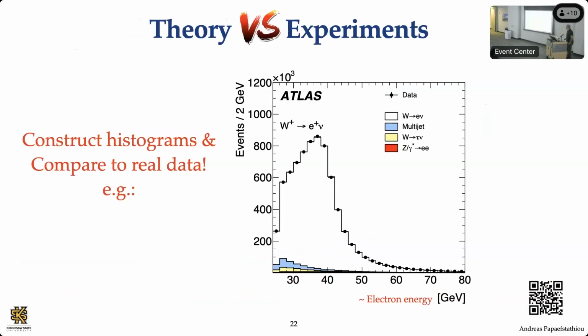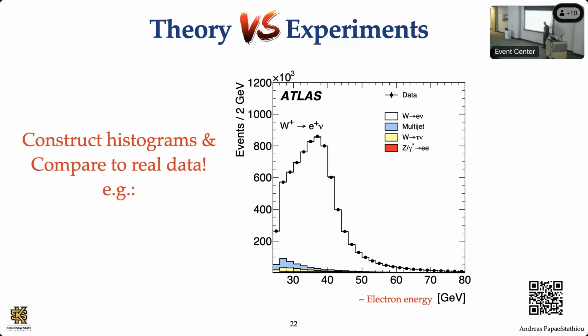Well, you can come back and do the experiment. So I'm just showing you here a histogram of some observable that is related to the electron energy in some specific processes. We don't want to go into the details of this.